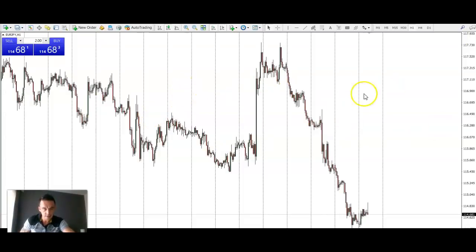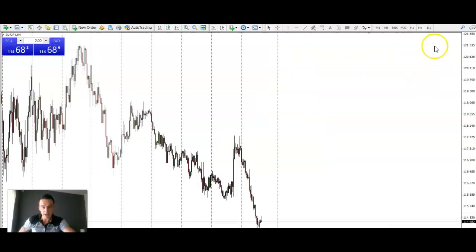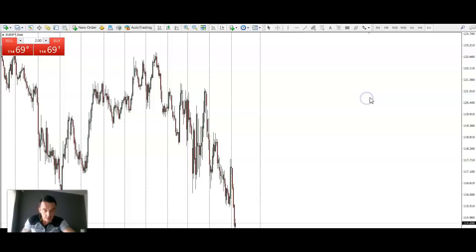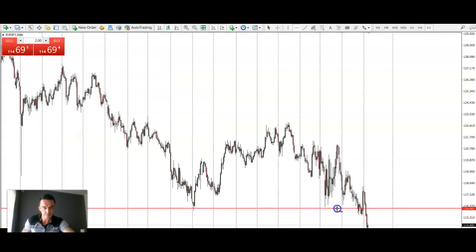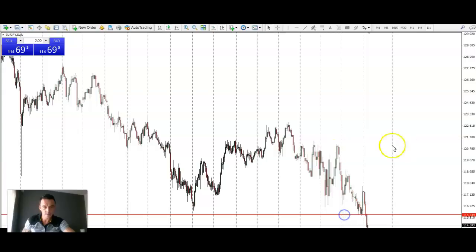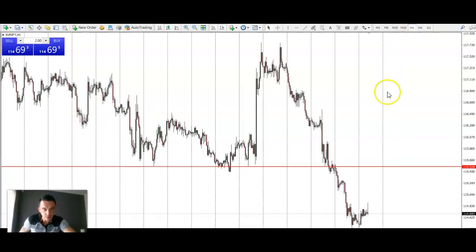So again, clearly the trend is down here, and we have just broken last year's low, broke a couple of days ago at 115.500. And let's have a look at the 1 hour charts.